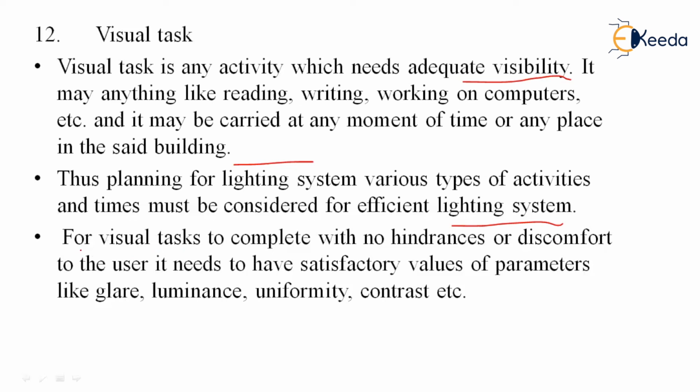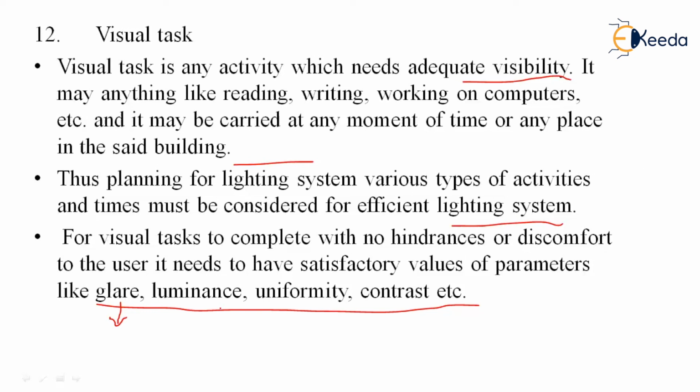Various visual tasks must be completed with no hindrance or discomfort to the user. It needs to have satisfactory values of parameters like glare, luminance, uniformity, contrast, etc. So if we are planning to provide a light system, we will provide a satisfactory amount of light at that place, such that it should not produce any glare that is reflecting back, and such issues should not be there.